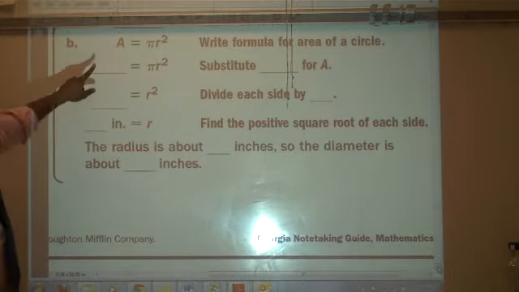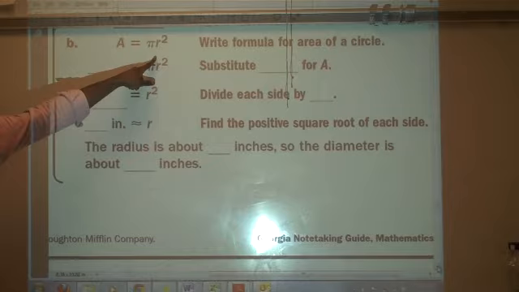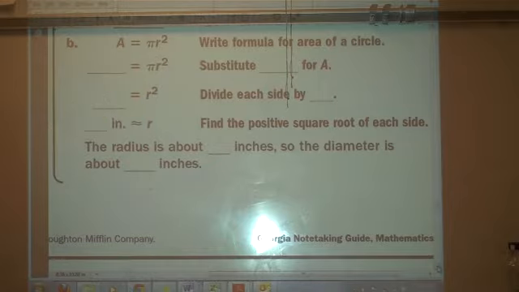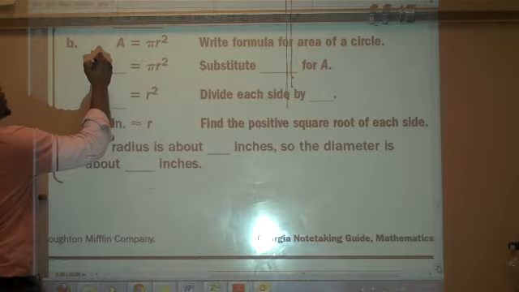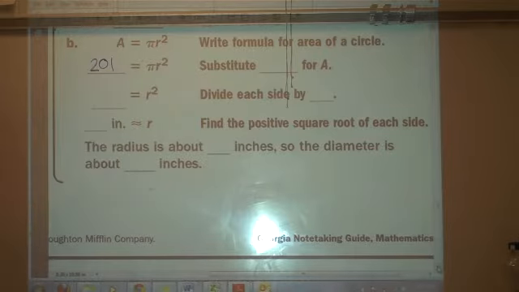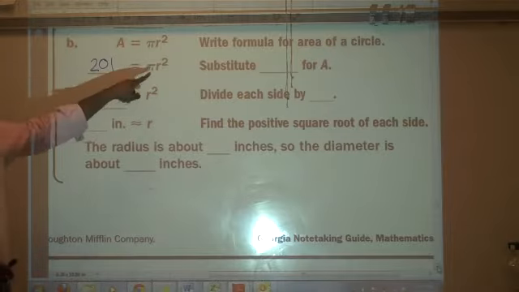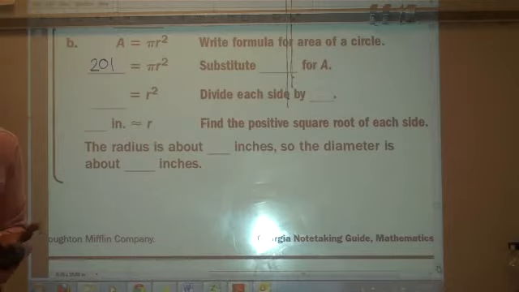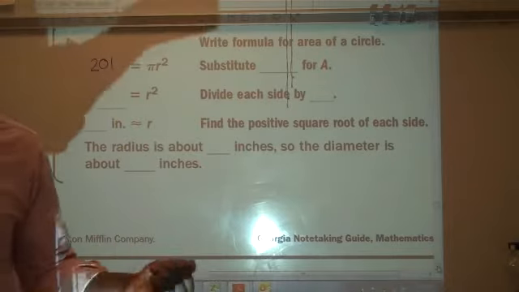So once again, our formula is A equals pi r squared. This time we know what A is. We don't know what r is, but we do know what A is. Our area is 201 square inches. So I can say 201 equals pi r squared. Since I want to find out what r is, because if I find r, it's easy to find the diameter from there, it's multiplied by 2.